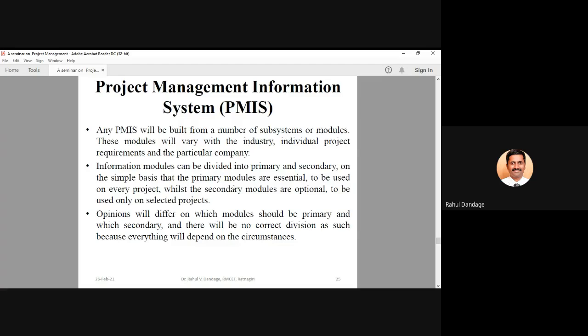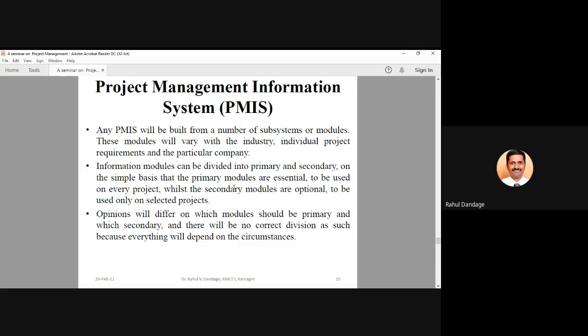If I take a software industry, the modules required will be different. If I take banking industry, the modules required in project management will be different. If I take any pharmaceutical company, the modules required will be different. So depending upon your client, the modules which are required, the volume of information inside those modules required, that will be varying.